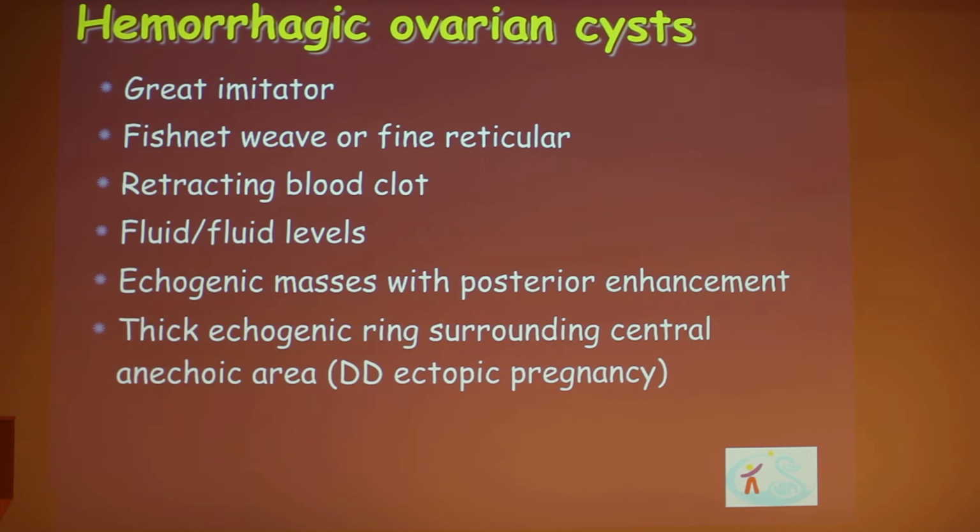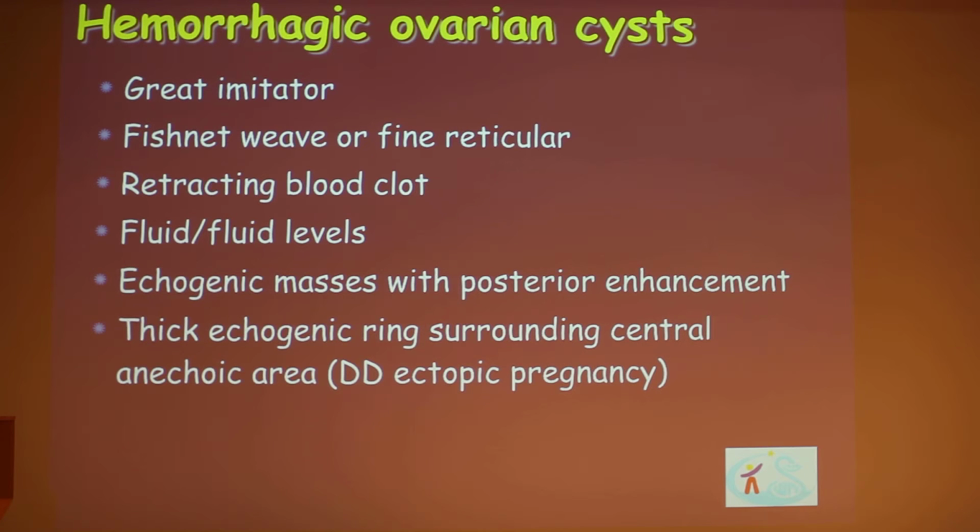Hemorrhagic ovarian cysts, they are great imitators, and many experienced radiologists have probably misdiagnosed these as tumors, perhaps once in their career. They can have a fishnet weave or a fine reticular pattern. You can see retracting blood clots, fluid levels. They can be echogenic with posterior enhancement.